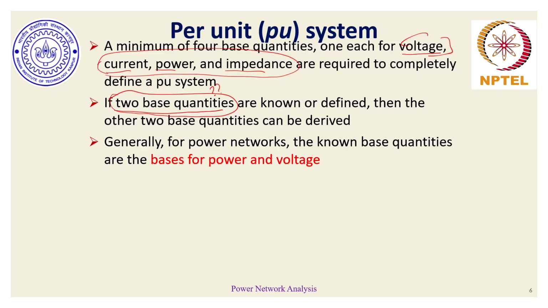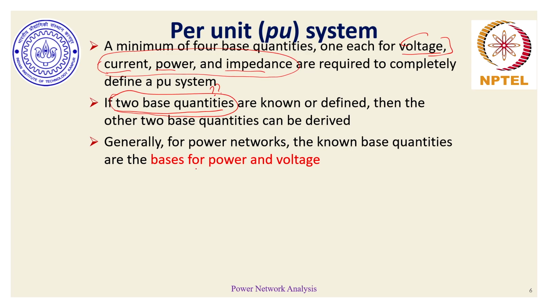So inspired by that same notion, most of our electrical elements have at least these 2 specifications, which indicate the rated capacity or operating capacity or consumption of the device in terms of power, and at what rated voltage it should operate so that its performance is not detrimental. Given this notion of power and voltage specifications, for power networks we can choose base voltage and base power as reference quantities for the per unit system.